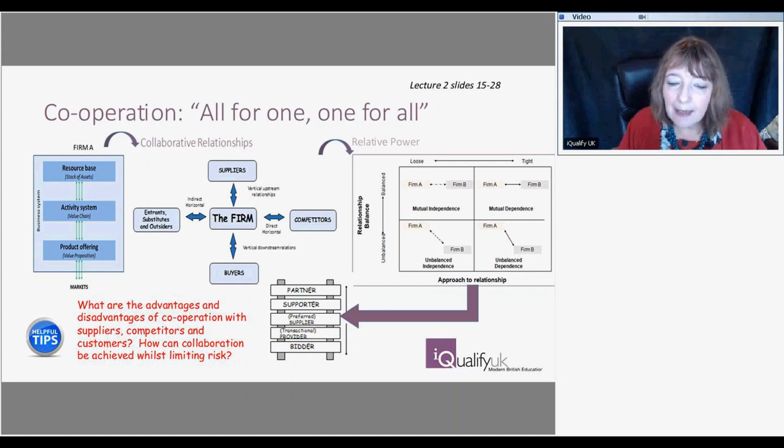How can collaboration be achieved whilst limiting risk to the business by perhaps being too reliant on one group or another, or sharing too many of your secrets? So take a look at that and refer back. So these are all about ideas that you can use to build your assignment.